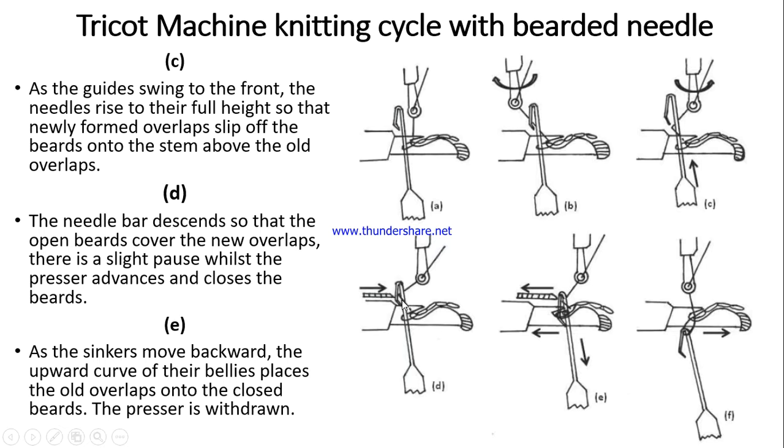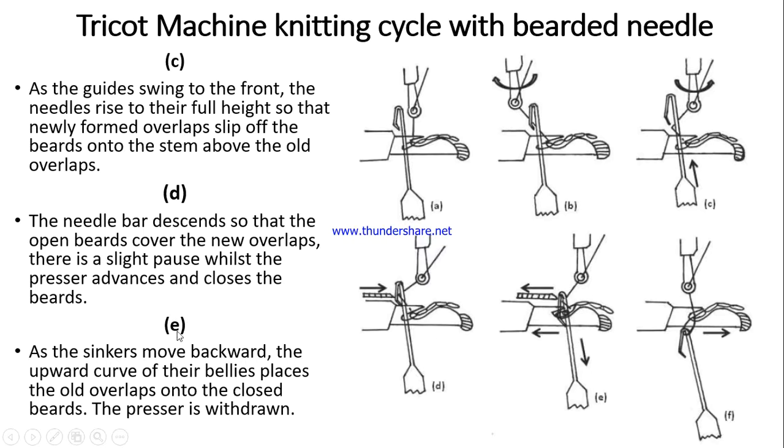Here the hook is catching the thread. There is a slight pause whilst the presser advances and closes the beard. Now the presser advances and comes forward to close the beard so that the hook is closed and the thread will be there inside the hook.